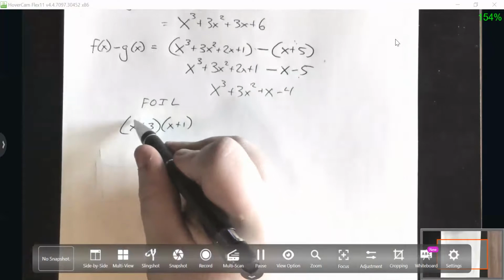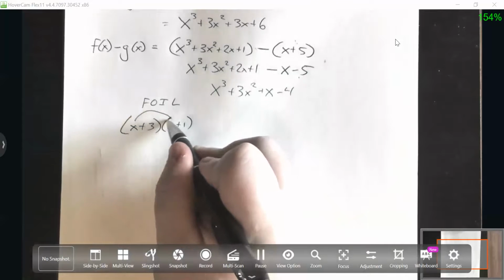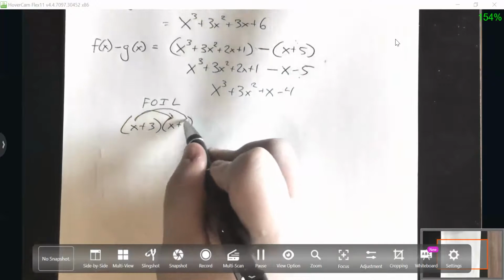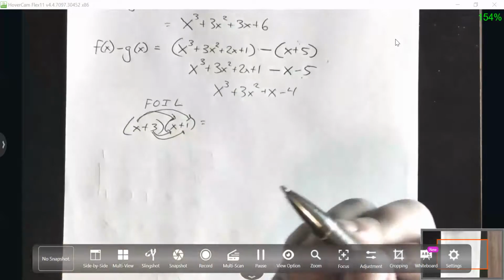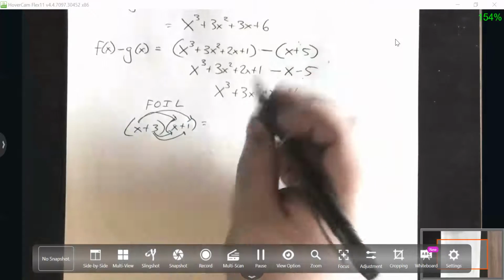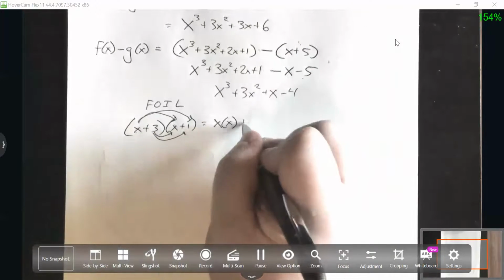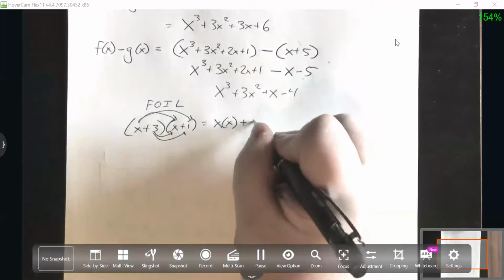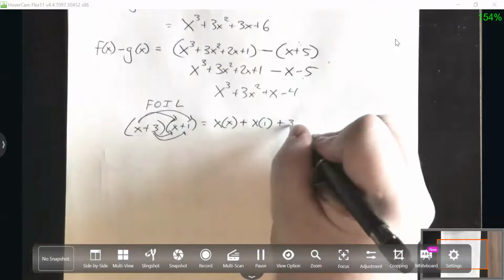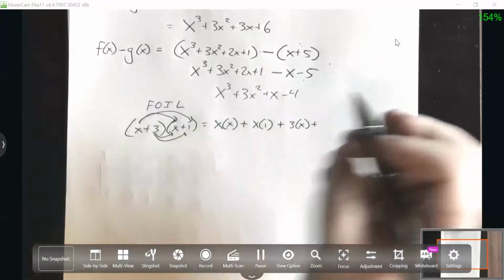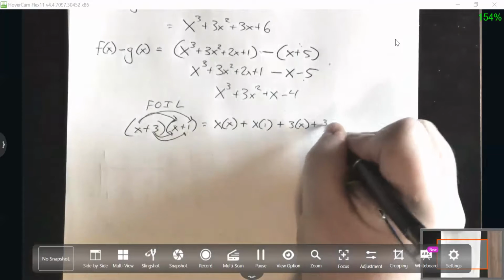In essence, what we are doing is we need to take everything in the first term and distribute it to everything in the second. And that's how I'm typically going to approach it. So this x would have to go to the x, plus x would go to the 1, plus 3 would go to the x, plus 3 would go to the 1.